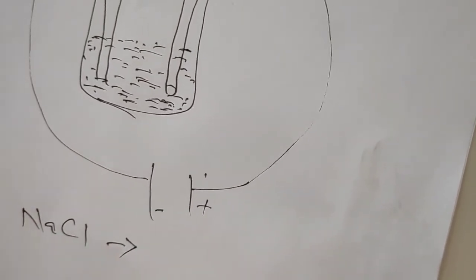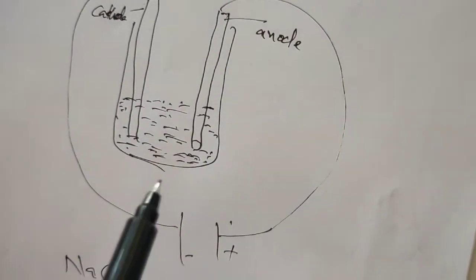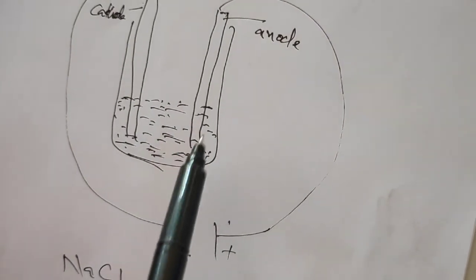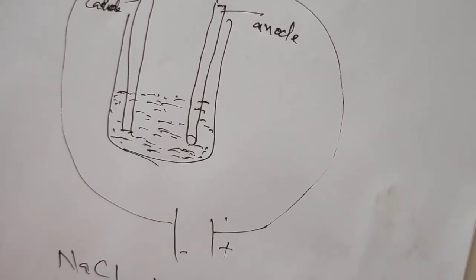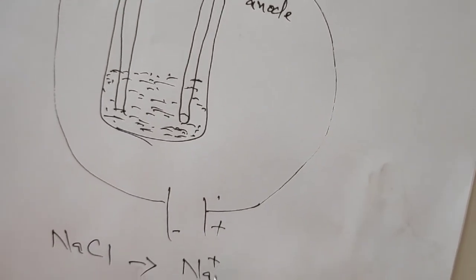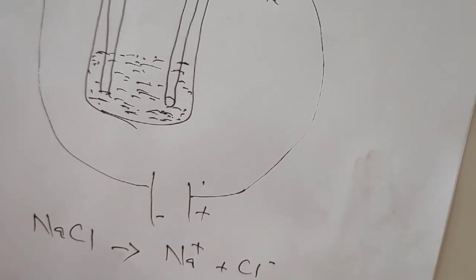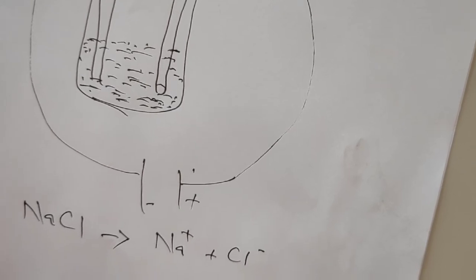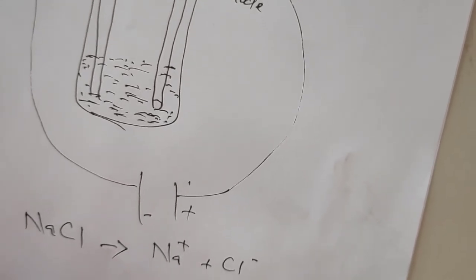Now we connect the battery ends, so the current will flow through the solution. When current flows through the solution, the solution breaks up into the ions Na plus and Cl minus, because sodium loses electrons and chlorine gains electrons. So that's why the charge is Na plus and Cl minus.